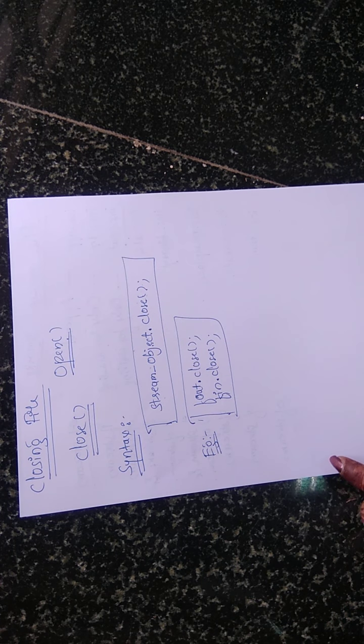So these are the two examples which you can write for closing a file. So the syntax is stream object dot close, a pair of parentheses ended with a semicolon, and the examples are fout dot close and fin dot close. Fine. So this is about how you can close your file.